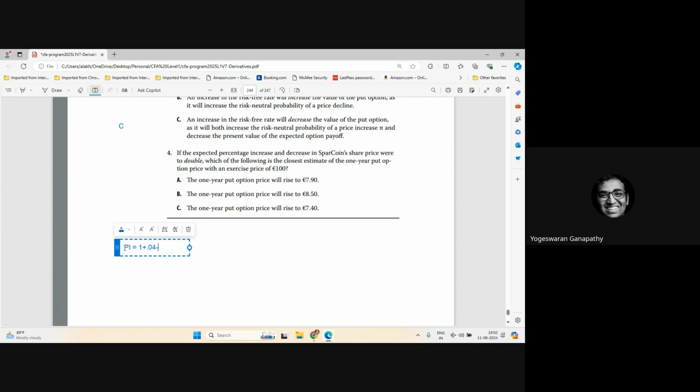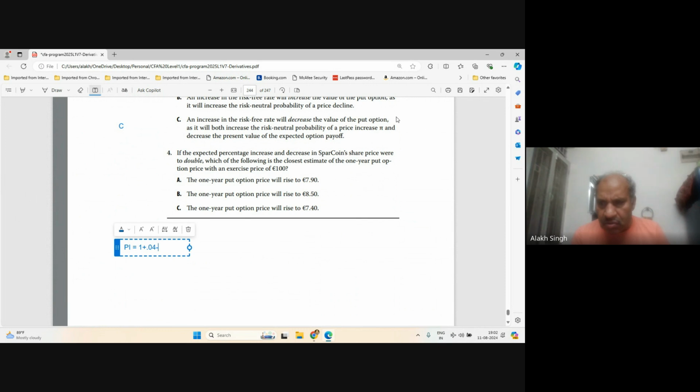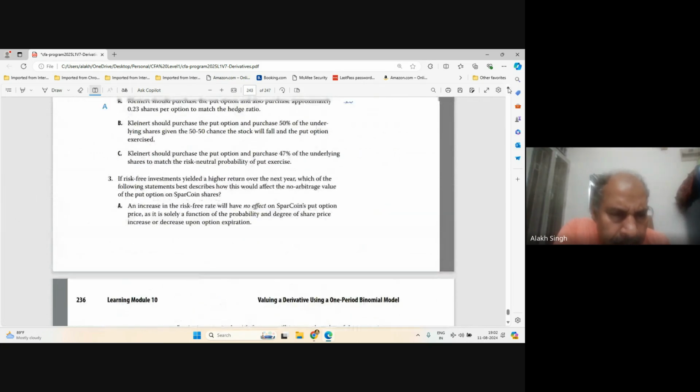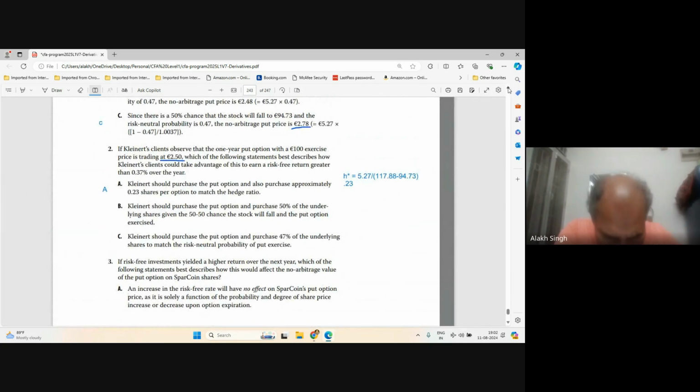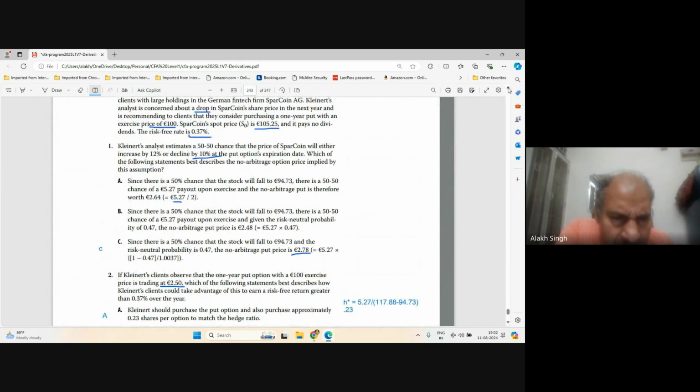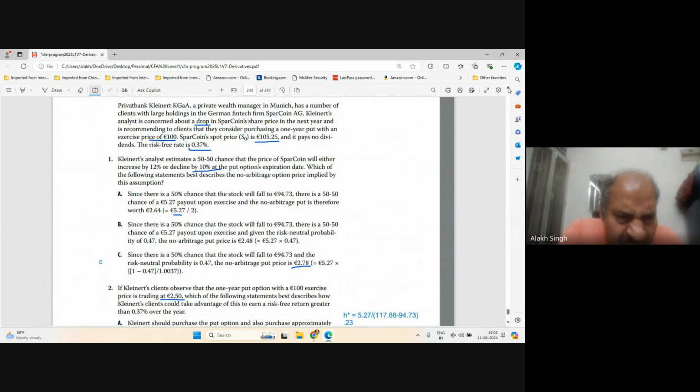What was the r here? I'm not sure. Let's go and see what was the R. Risk-free rate. Oh, risk-free rate is 0.37%. Okay, so it is 0.0037, not 4%.